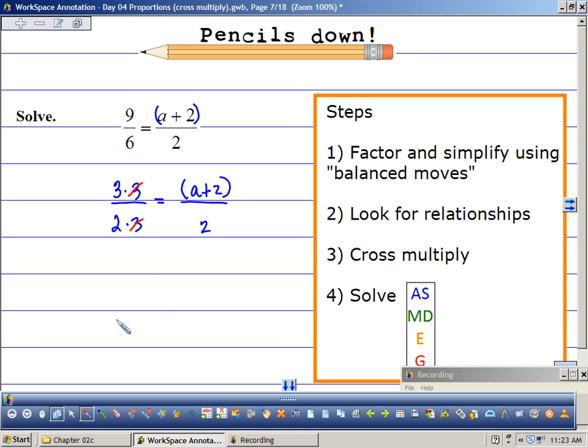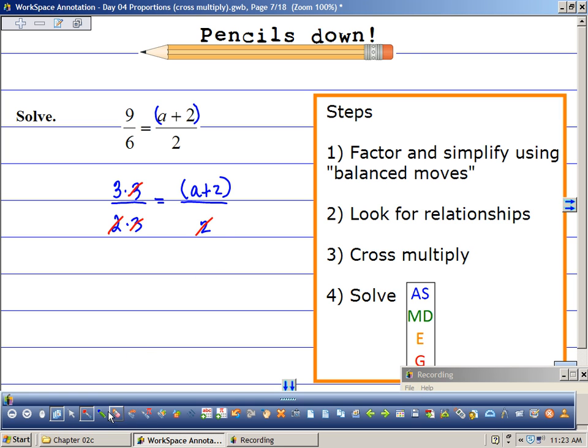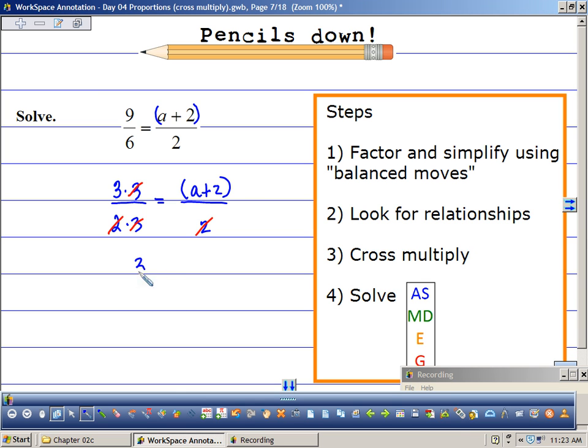Isn't 3 divided by 3 1? Isn't something divided by 2 the same as something divided by 2? So what are we left with now on this one? 3 equals a plus 2. Yes.